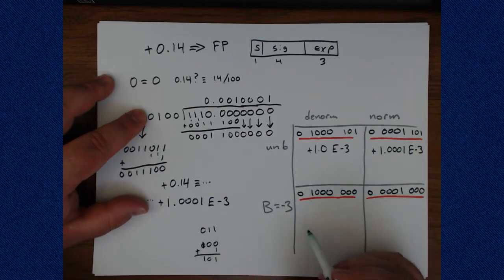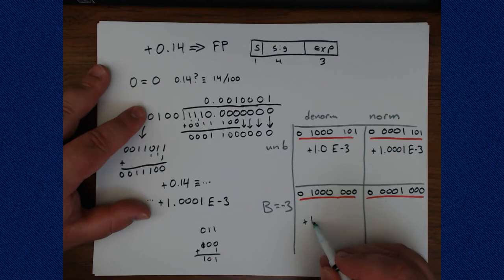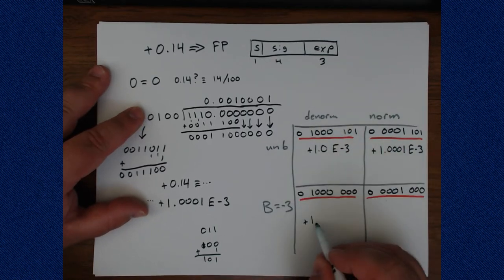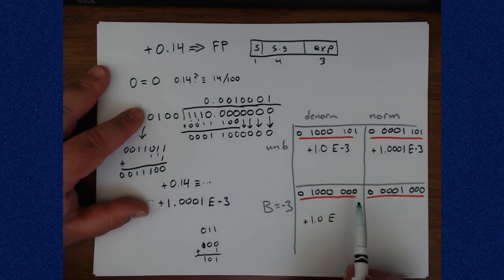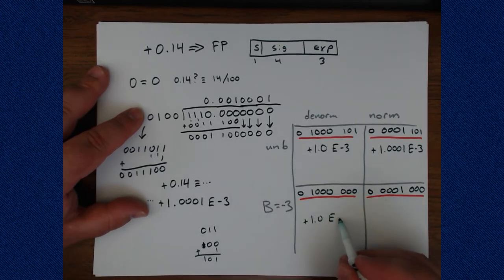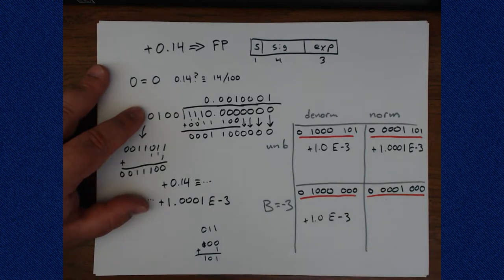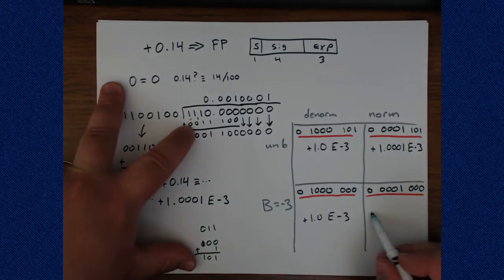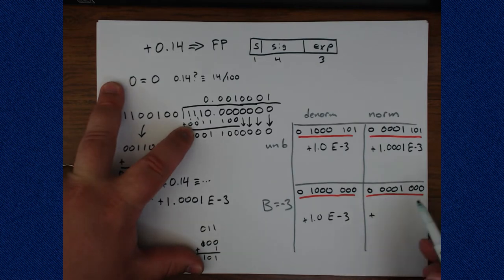Down here, we have a positive, and this is denormalized, so we just put the 4 bits with a radix point, 1.000 e to the, well, 0 minus 3 is -3, so e -3. And then over here, we have positive, and this is normalized, so we start with a 1 dot, and then put these 4 bits, 0001 e -3.